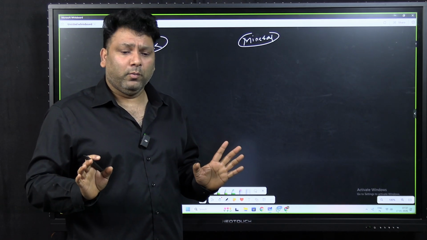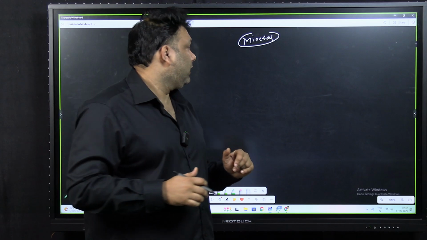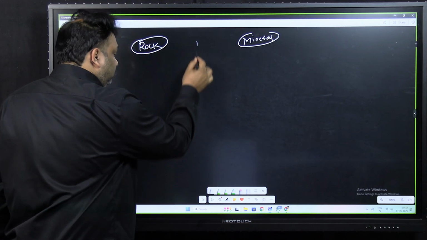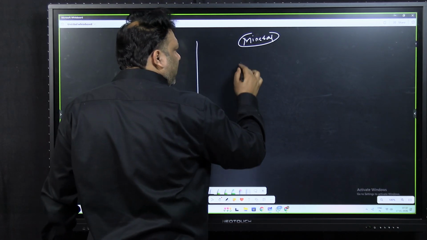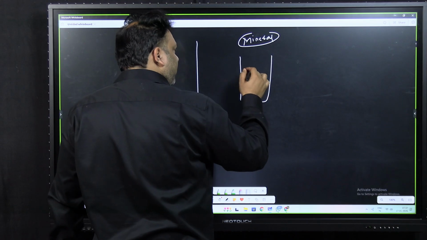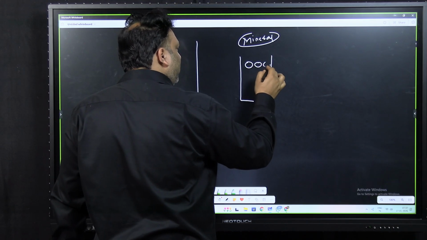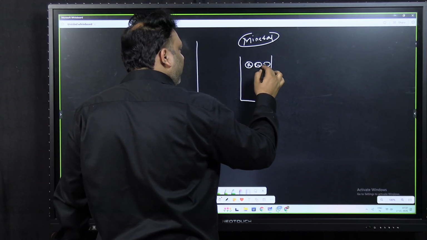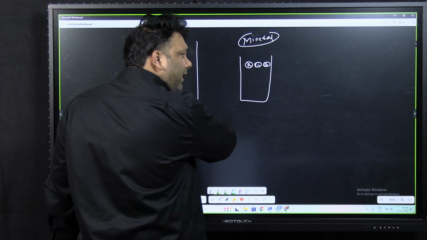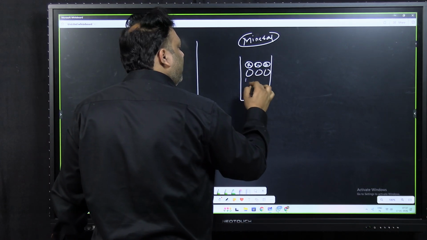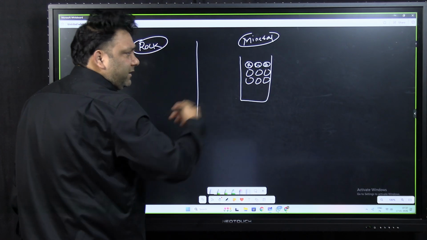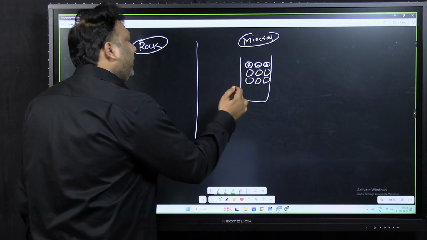Something of that sort. Now imagine such a jar where these red, green, blue balls are systematically arranged. So it's a repetition, the repetition of the chemical formula.